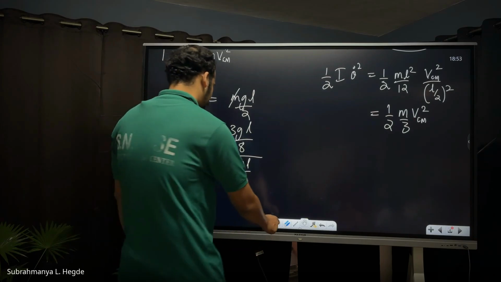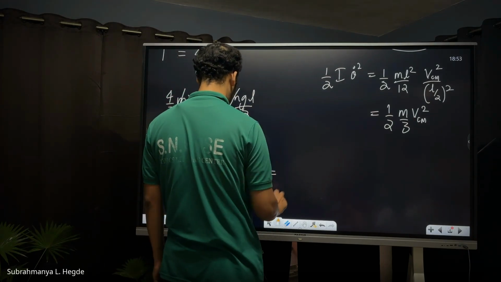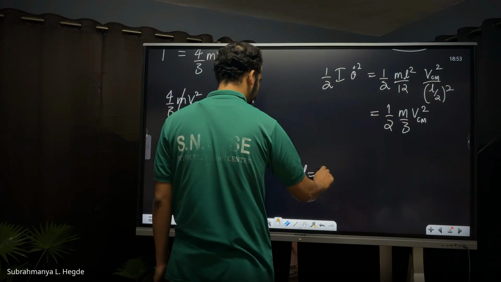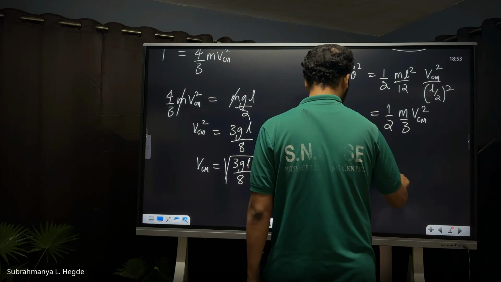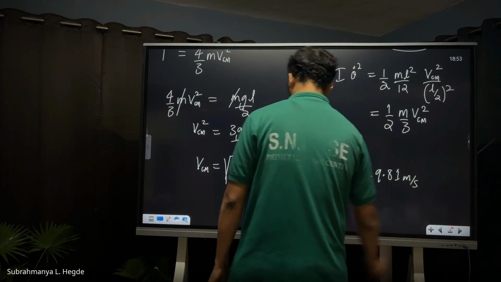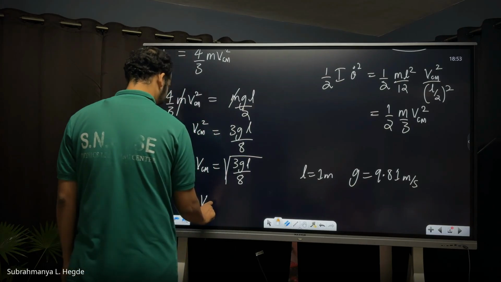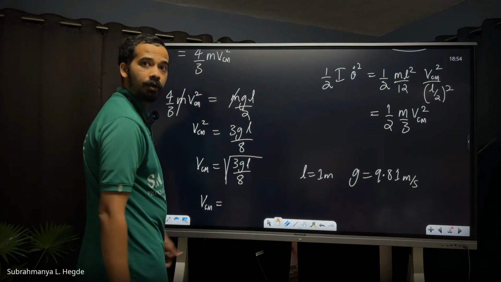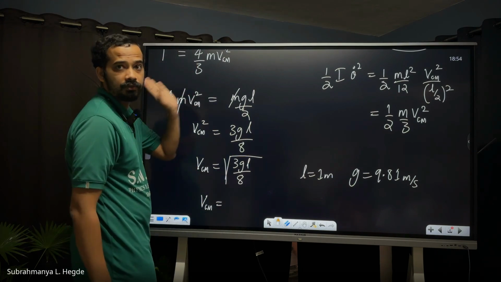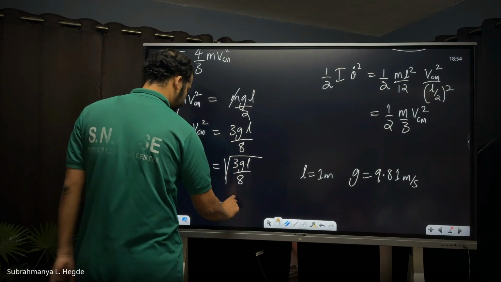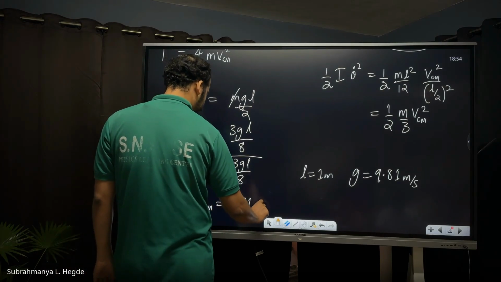Since L is equal to 1 meter, and g he has mentioned as 9.81 meter per second square, can you find this? 1.91. But this is not the speed of the hinge, this is the speed of the center of mass. 1.91 is the answer key, but that is wrong.